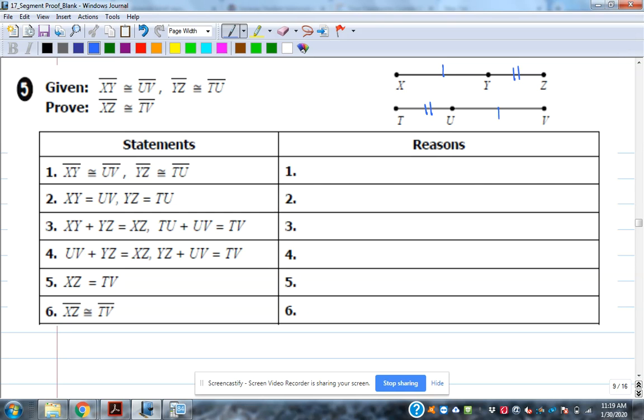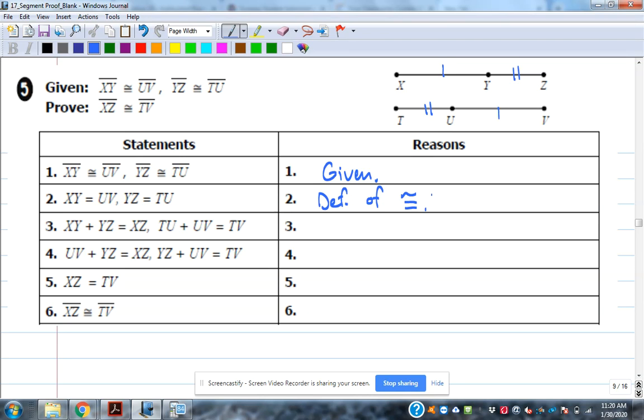So number one, yeah, we don't even have to think about that. It's always going to be given. And then what they do in number two. Yeah, definition of congruence. We took the hats off, made them measurements instead of objects.